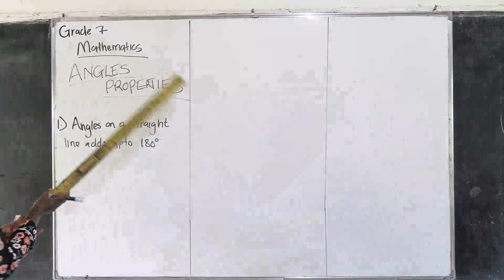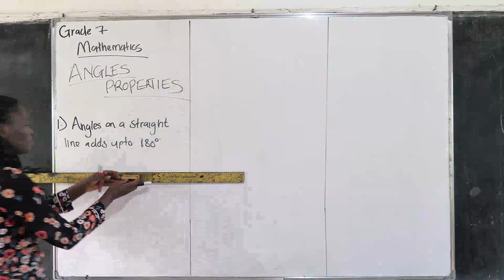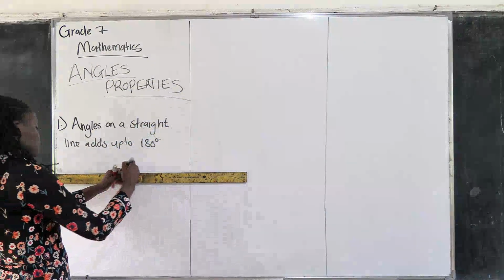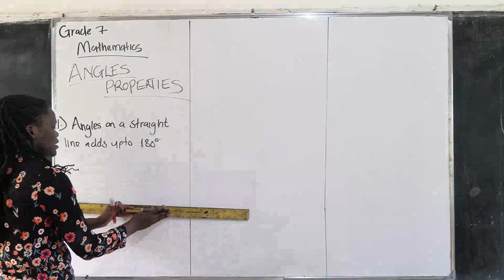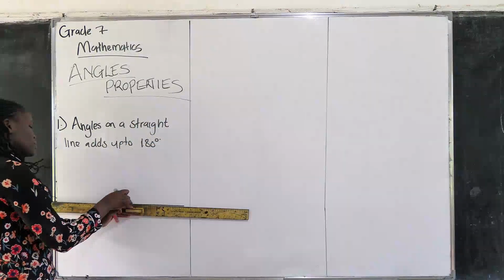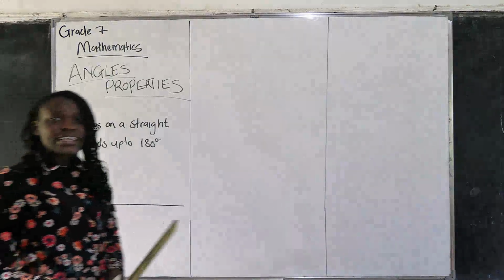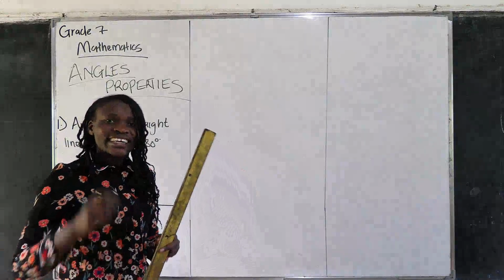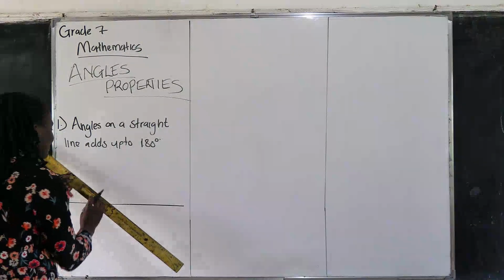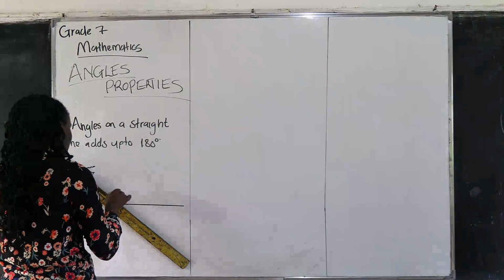For example, we have this line. Let's say this is a straight line, and we have said angles on a straight line add up to 180 degrees. So let's say there is an angle at this point.